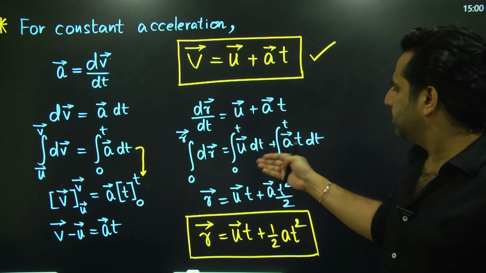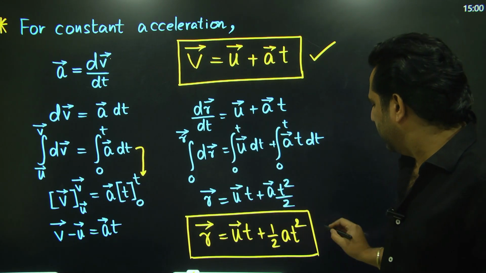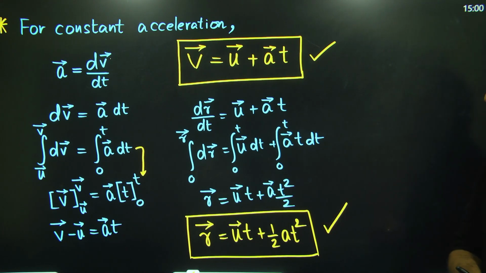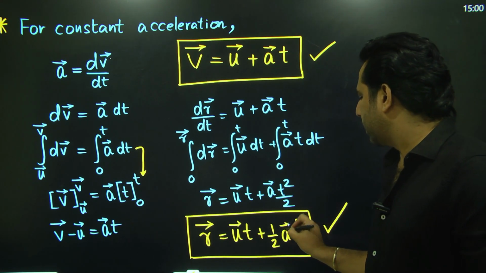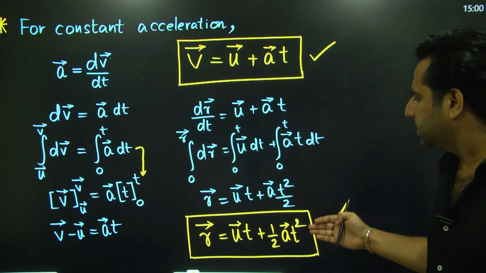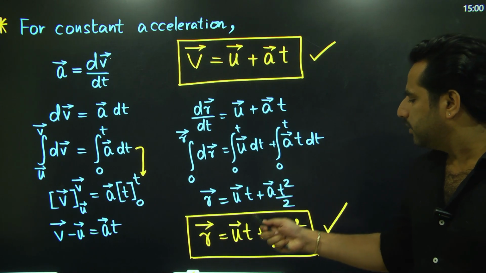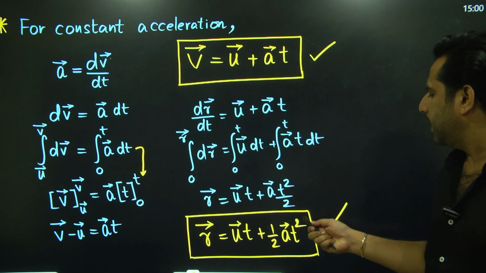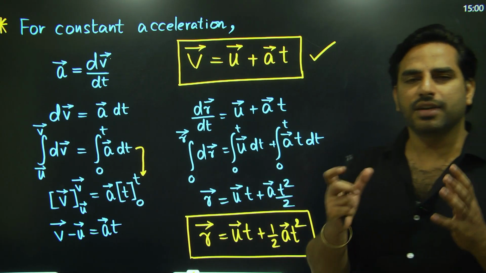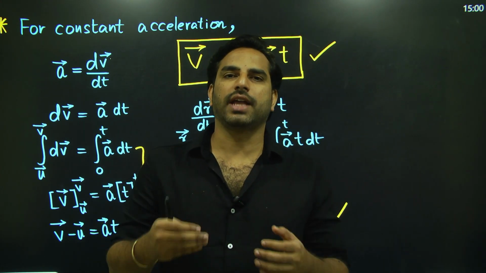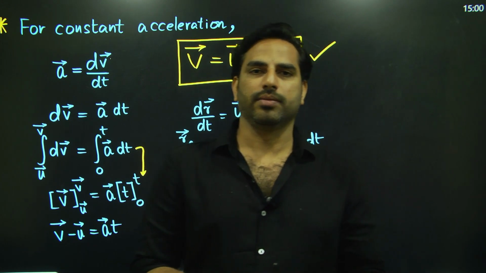Again, apply integration on both sides and solve it. Finally, you end up with r bar = u bar t + half a bar t². So this is the second basic equation of motion: r bar = u bar t + half a bar t². So these are the two equations that are valid in case of constant acceleration of a particle or a body.